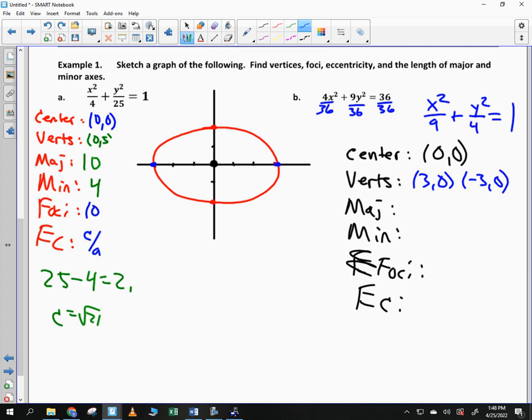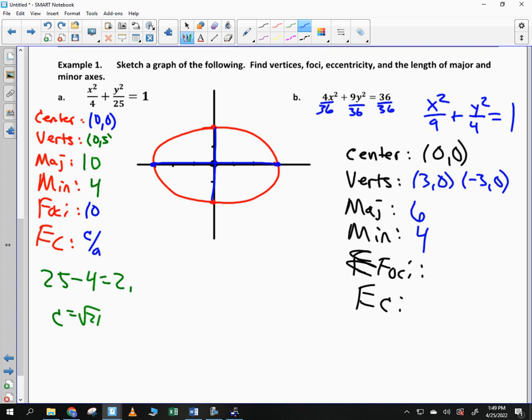You decide if it's horizontal or vertical based on when it's more stretched. This is the major axis, which has a length of 6. The minor axis has a length of 4. Can everybody see how these are definite points that we can get on our test?